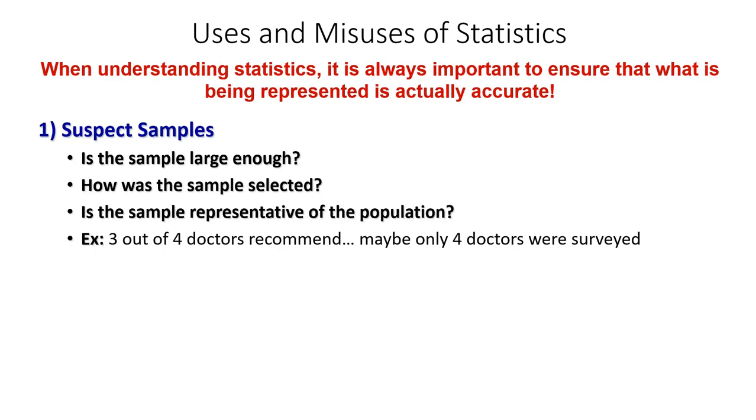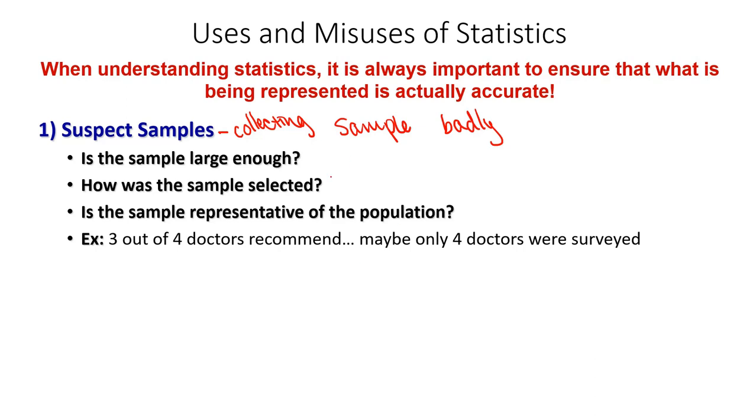So the first thing is if you draw your sample wrong. Suspect samples is like collecting your sample inappropriately, or badly. Is your sample size large enough? Is studying only 4 people in a building of 2,000 going to be a true representation? No. Or how was your sample selected?